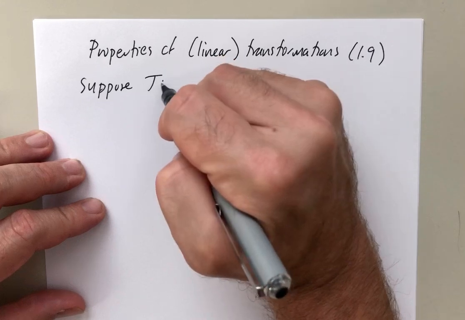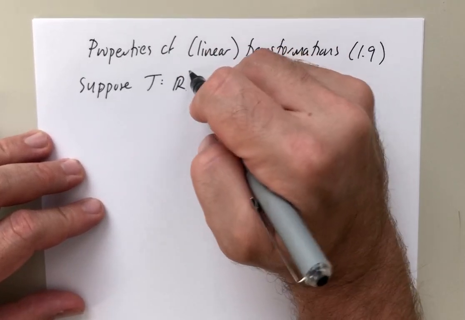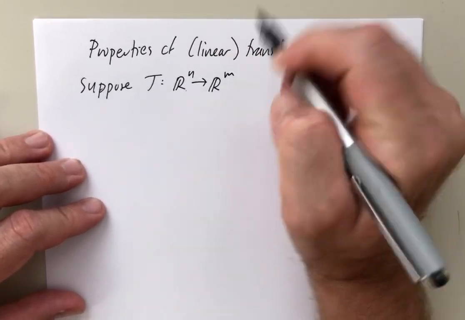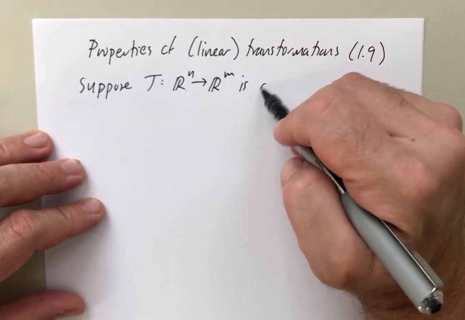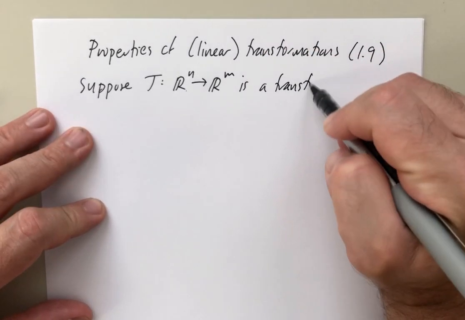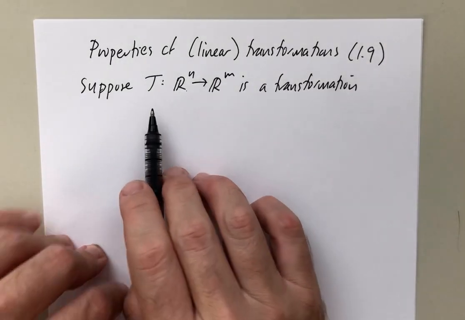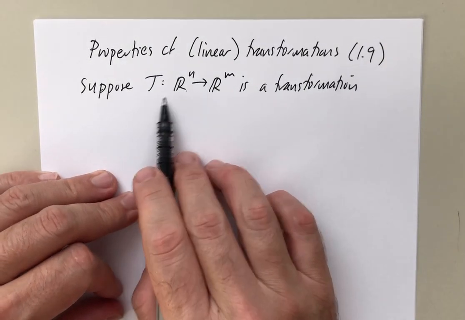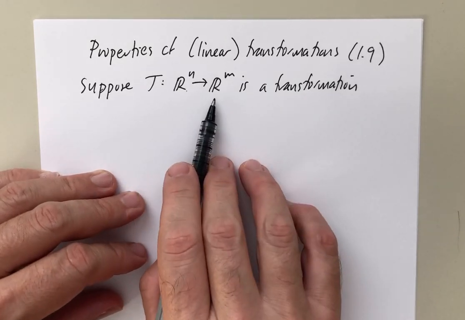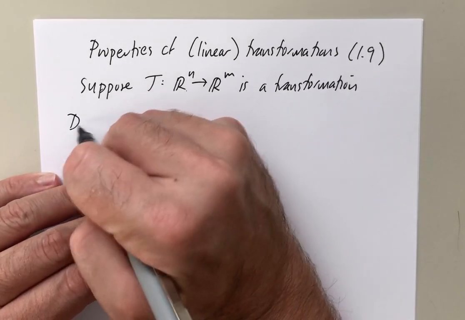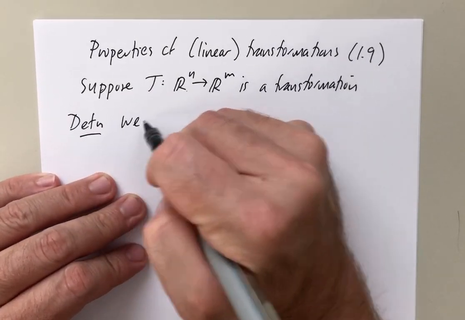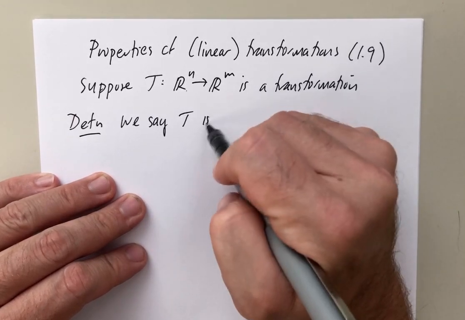Suppose T is a transformation, so just any old transformation without any assumptions. Remember that this just means that this T is a rule that eats vectors in Rn and spits them out in Rm, okay? So the definition then is we say T is, there's gonna be two things.